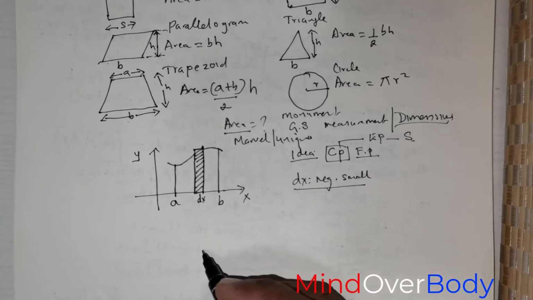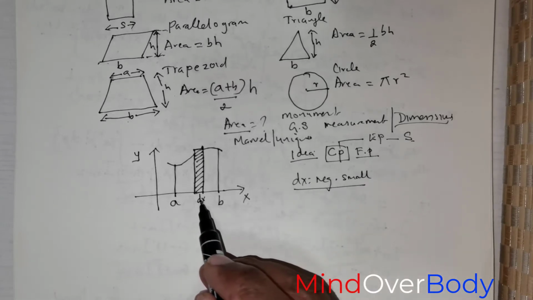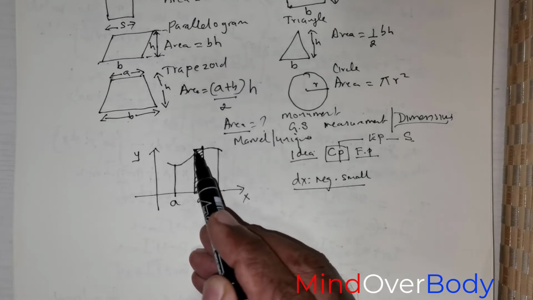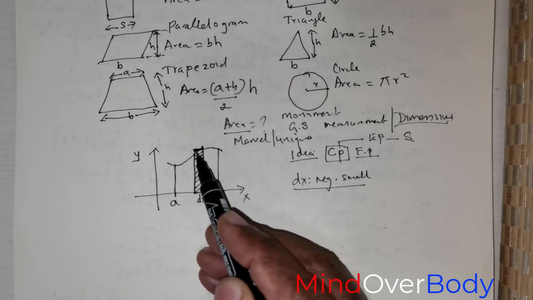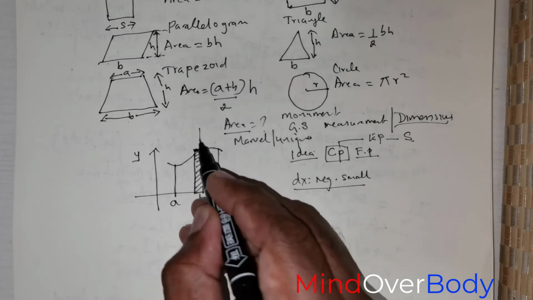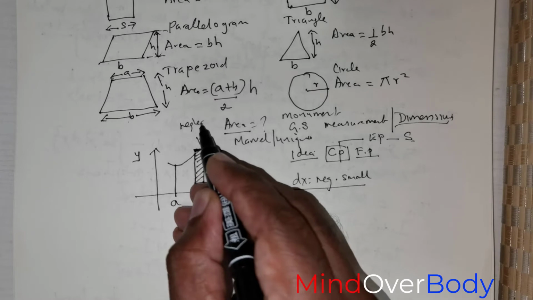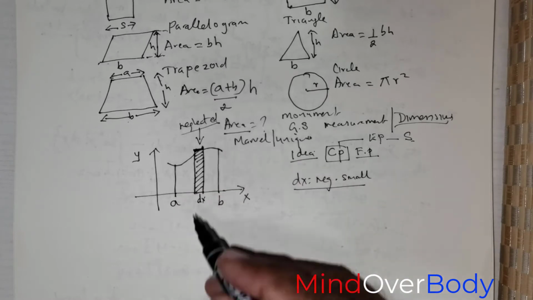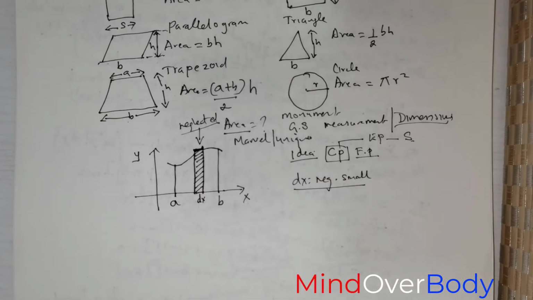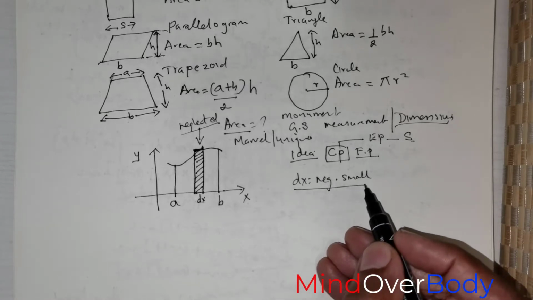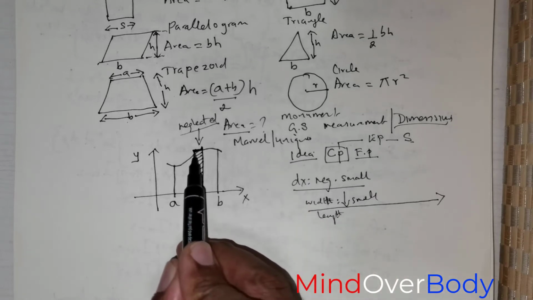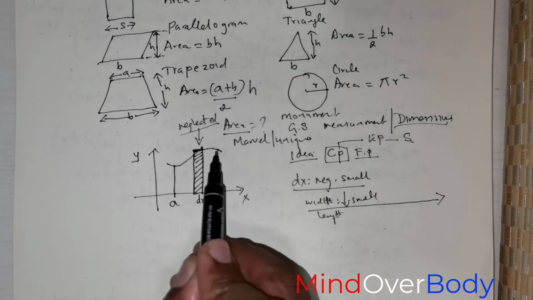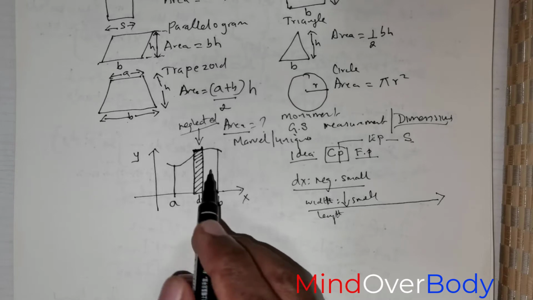Now because dx is negligibly small, this region that you see here, which flows out of the curve, is neglected. Now this is the concept that is being applied here. Why did they neglect it? Because dx is already negligibly small.